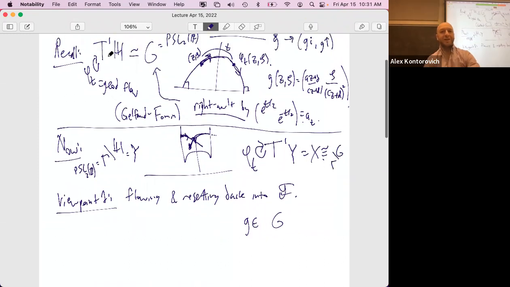Since G is the unit tangent bundle of H, G mod gamma is the unit tangent bundle of H mod gamma, identified in exactly the same way. So if we have a G, we can think about G in the quotient, or we can think about the coset gamma G, which is the same thing as saying the space of cosets.